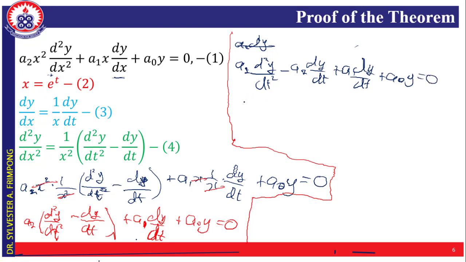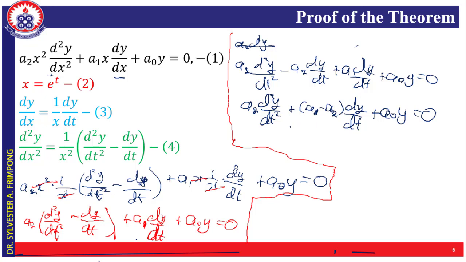And therefore, you're going to have a2 d squared y by dt squared plus (a1 minus a2) dy dt, that's a1 minus a2, plus a naught y equal to 0.